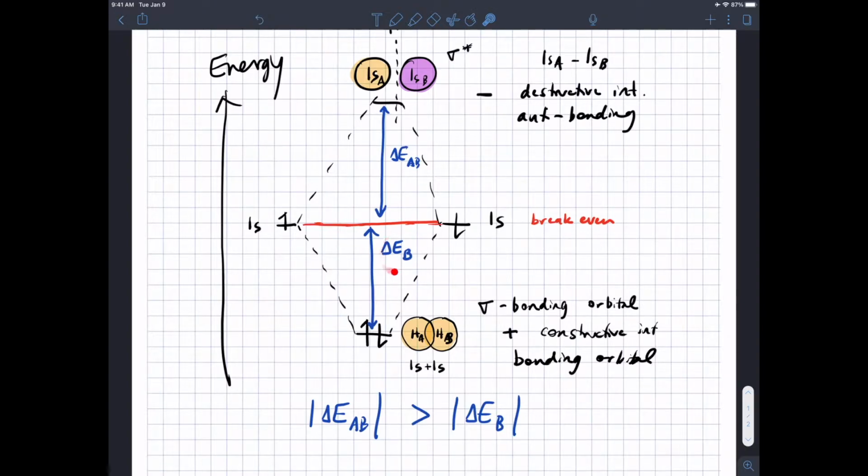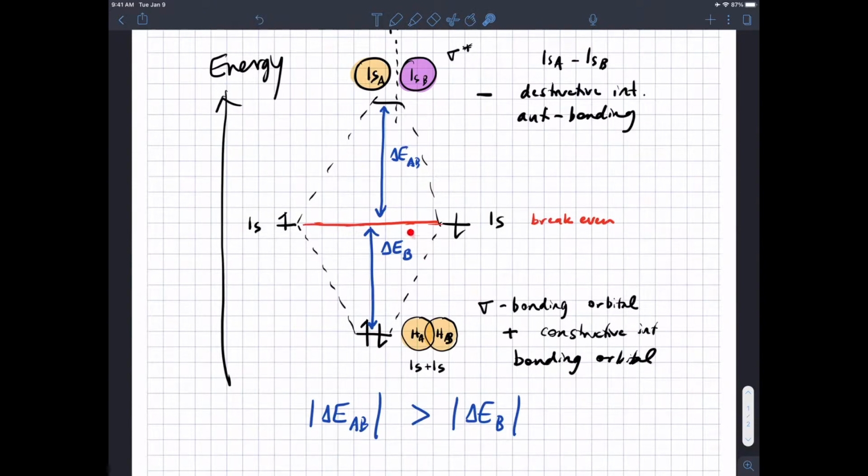Now that difference in energy is related to the strength of the bond. For a carbon-hydrogen bond, or for a hydrogen-hydrogen bond, it's about 100 kilocalories per mole. And that is a per electron number. This energy difference here is a per electron number.